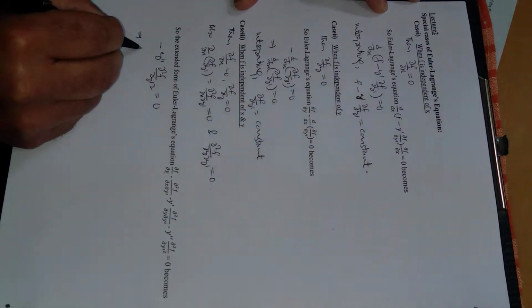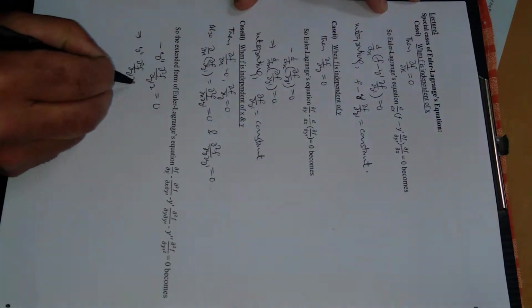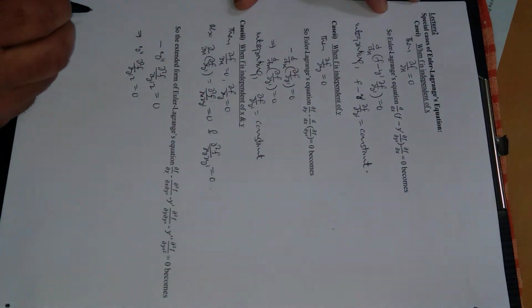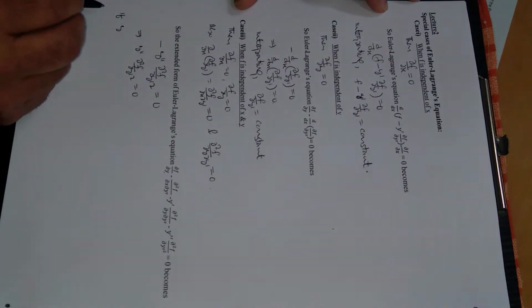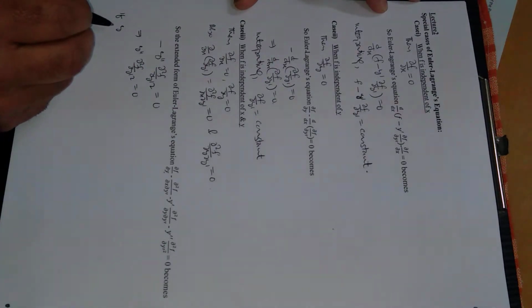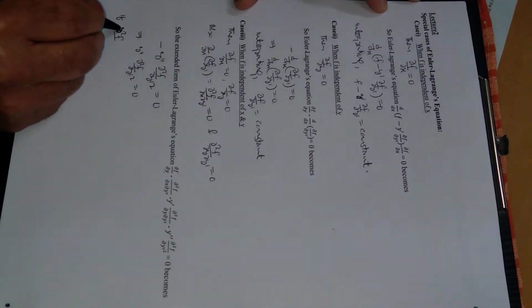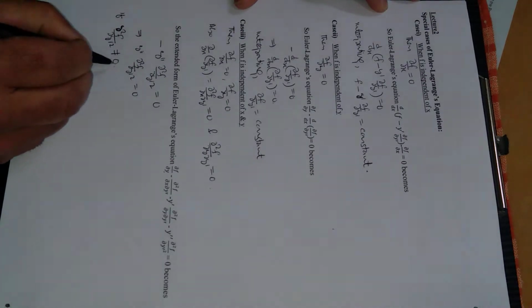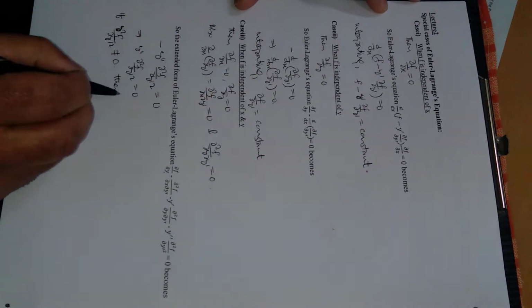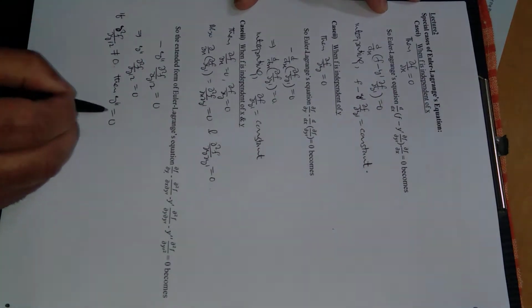Multiplying both sides by minus 1, y double dash times the second order partial of f with respect to y dash equals 0. If the second order partial of f with respect to y dash is not equal to 0, the only option is that y double dash will be equal to 0.